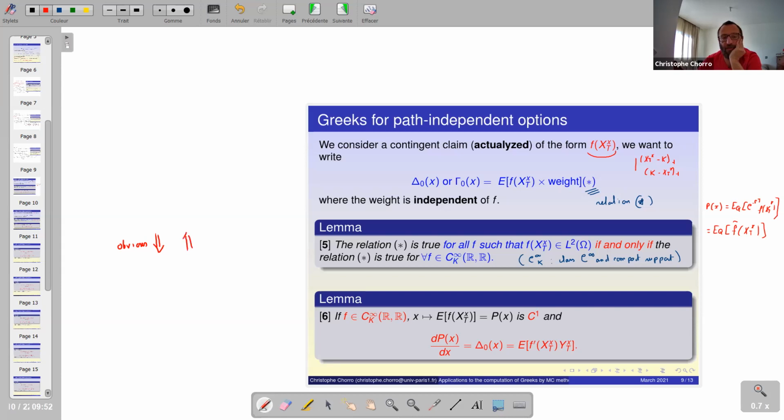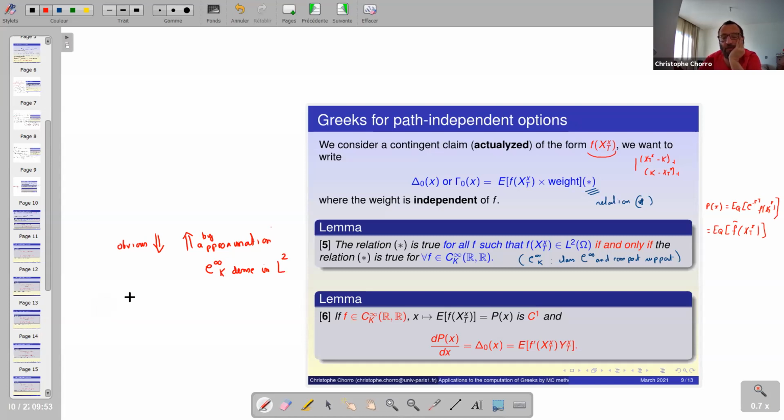And for the other one, what can I do? I suppose that I have a result for very regular mappings. I want it for less regular ones, but I will do it by approximation, because I know that this one is dense in L2.